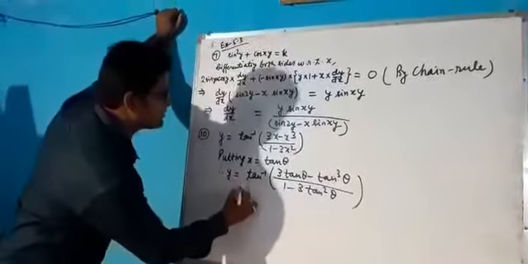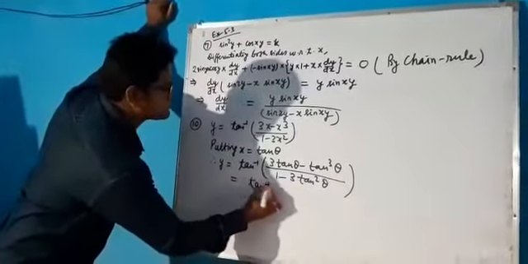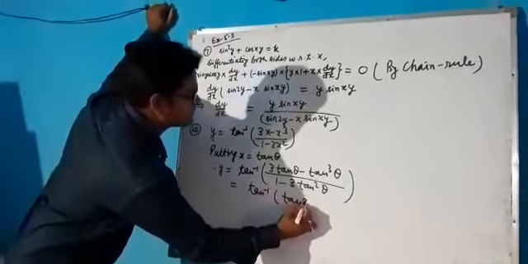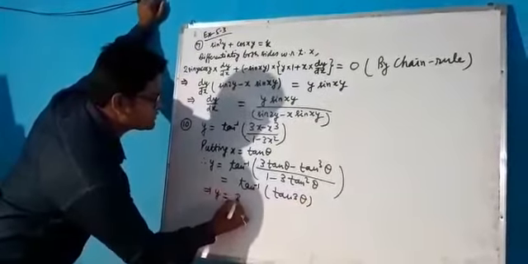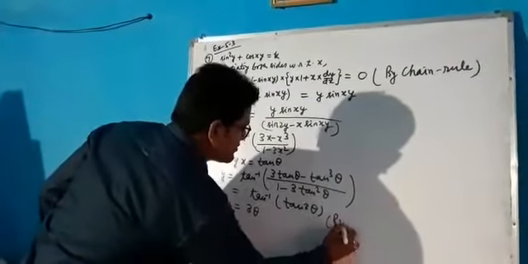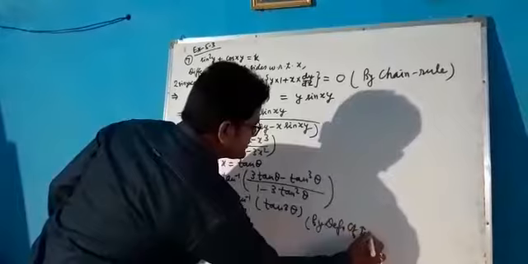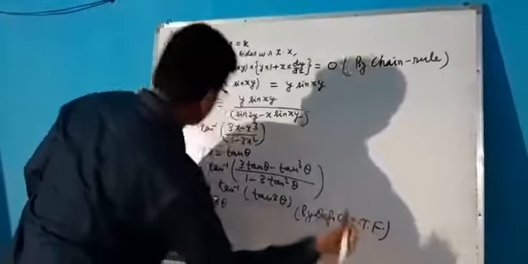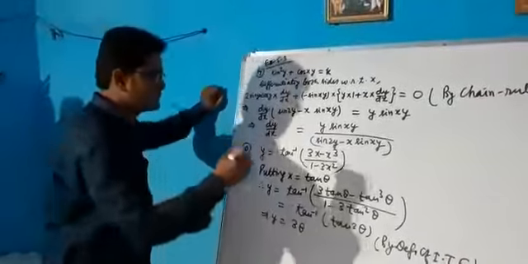Now see, it will be tan inverse tan 3 theta. Now can I write y is equal to 3 theta? By definition of inverse trigonometric function, I can write that.